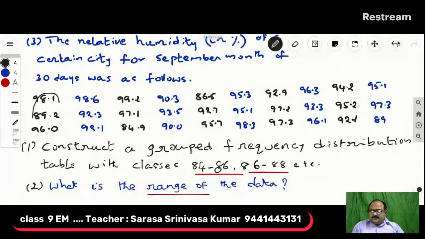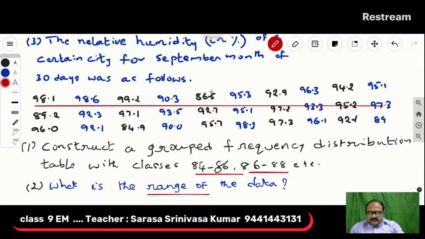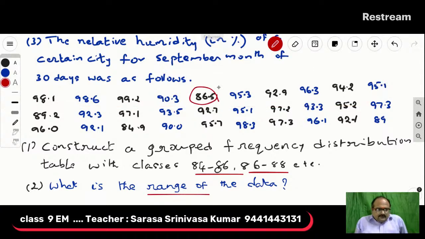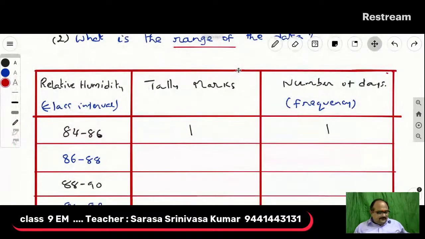Here we find 86.5. So the total number of observations in this class interval, 86 to 88, is 1, 86.5. Only one observation is found.